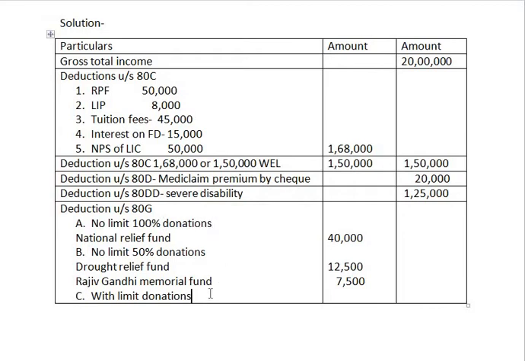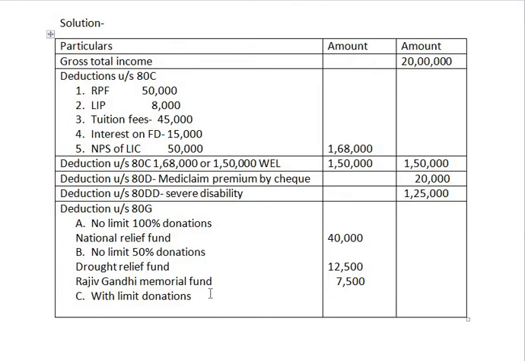With limit donations, the first one given is family planning. We will take all these amounts in the inner column. For family planning, the amount contributed is 50,000 rupees. So take down 50,000 for family planning.